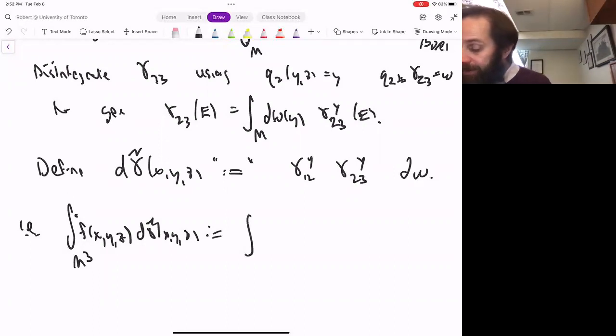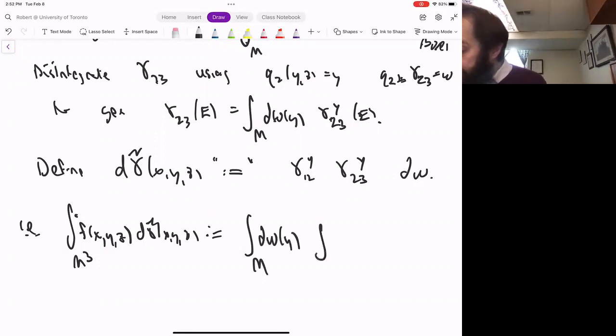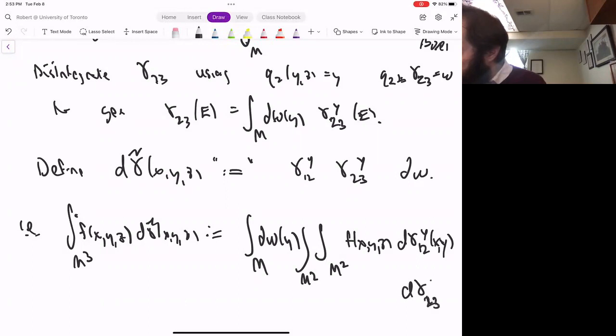And how do I do that? I'm going to write it as an integral over M d omega of y, and then an integral over M squared of f(x,y,z) d gamma 1,2 of y, and then another integral over M squared d gamma 2,3 of y of z.